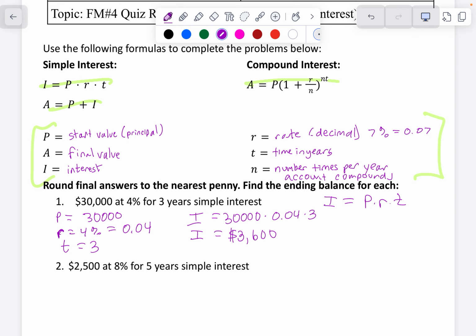But to get the full credit, you have to tell me the ending balance. The ending balance is A. So let's just do some logical thinking here. We had 30,000. We gained 3,600. So just add those two together. Your final answer that I want to see is $33,600. So you would add your starting balance plus any interest they have given you.